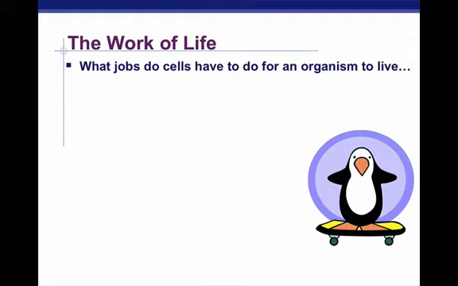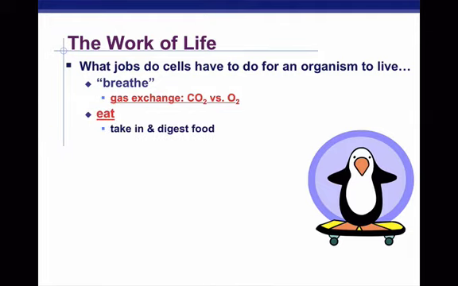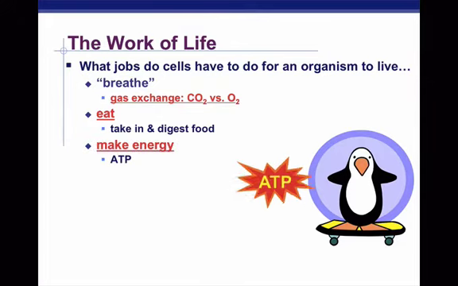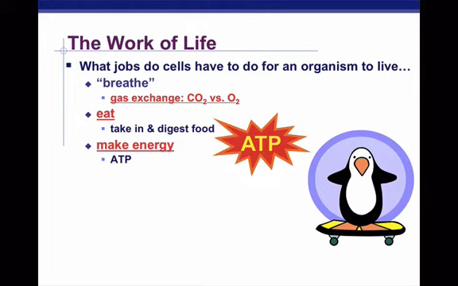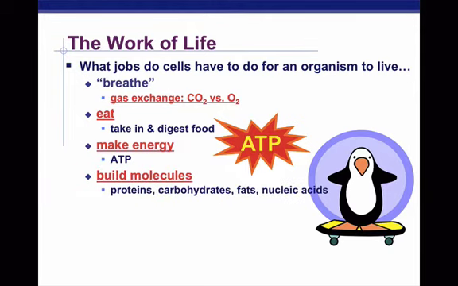So what jobs do cells have to do for an organism to live? Well, breathe, gas exchange, CO2 versus oxygen. Eat, take in and digest food. Make energy, ATP, adenosine triphosphate. Build molecules, such as proteins and carbohydrates, fats, nucleic acids like DNA and RNA.